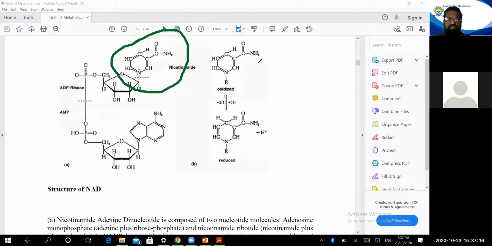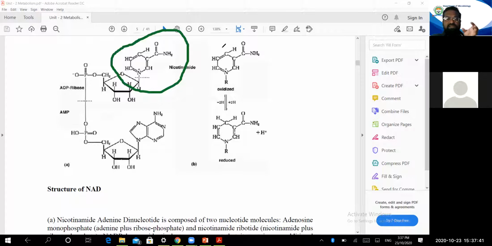As you see here, this is the oxidized form. Now, what is the difference between this oxidized form and this reduced form? As you can see, this oxidized form lacks one hydrogen ion here, meaning one electron less.